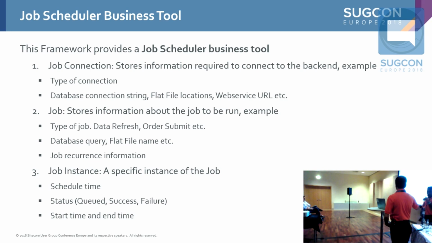It can happen through the recurrence or it can be on demand, and basically it has a scheduled time, it runs at that time, and initially starts as a queued job. Every job is queued, and then when the job runs, it will either be successful or a failure. And there is other information like when it ran, how long it took. It's kind of a job history also.